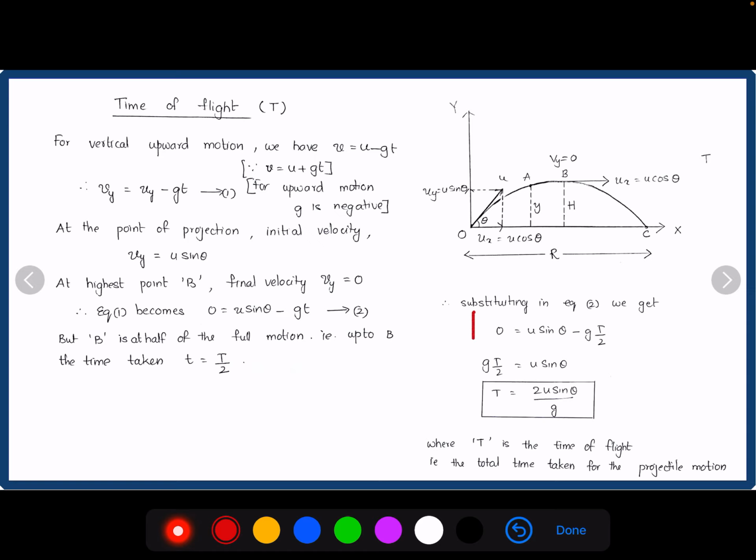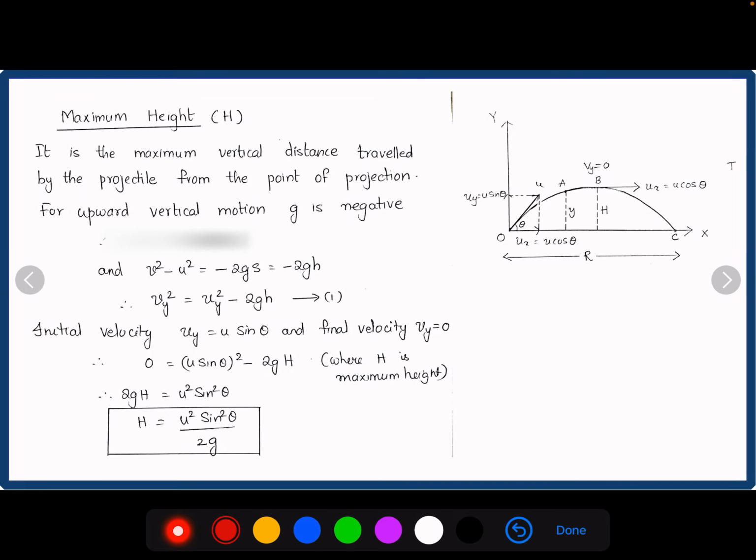Substituting, in place of v we put 0, in place of u we put u sin theta, and minus g t by 2, because up to this point it is only half of the journey. Simplifying it, we bring g t by 2 to the left side. Therefore, t is equal to 2u sin theta by g.